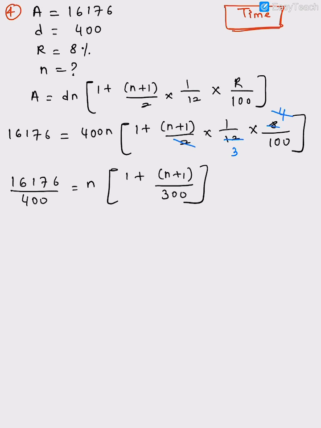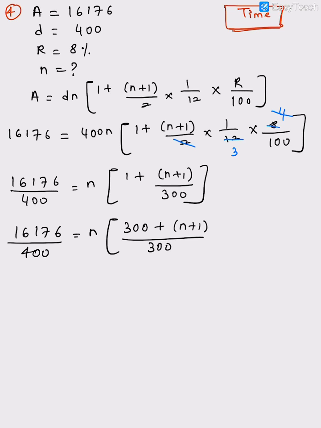Now this can be simplified further. Now how to simplify this further? Let's divide this with 4, or let it be as it is right now. We'll see later on. 16176 upon 400 is equal to n in brackets 300 plus n plus 1 upon 300.